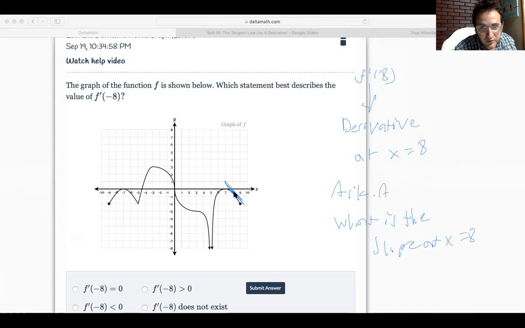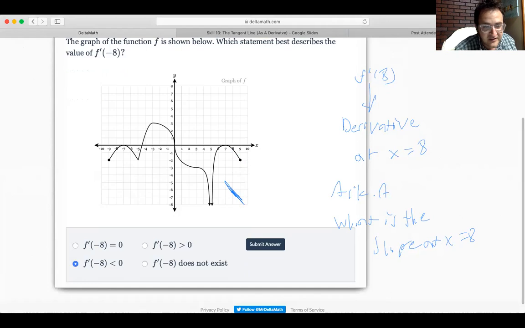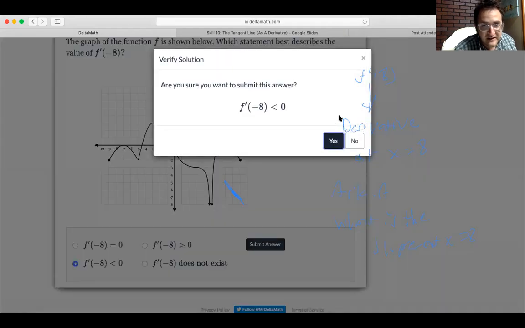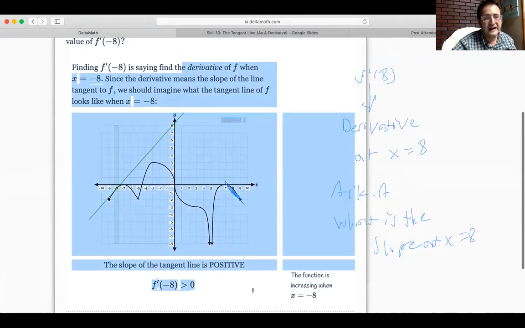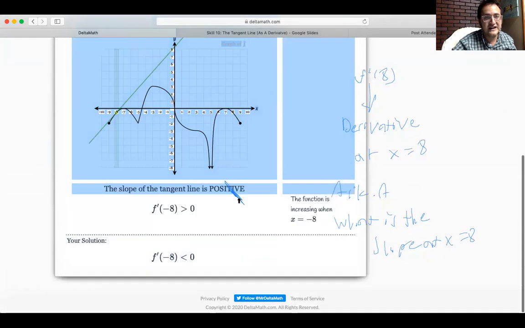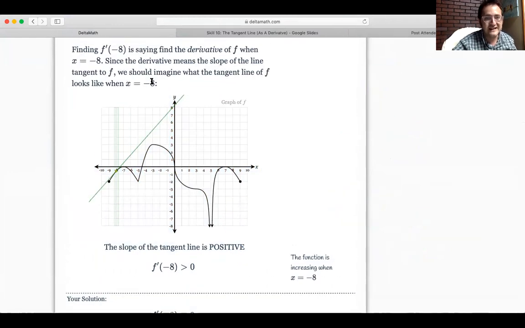It looks like we're going from about, let's see, at -8, we may have gone down about 1. But it's definitely going to be a negative number. Then you just submit your answer. So it's below 0. Oh, it's -8. I was accidentally thinking about x equals 8. Yes, I should have read the question a little bit more carefully. But at -8, it is positive sloped at that point.